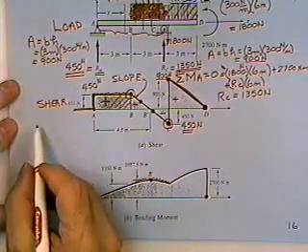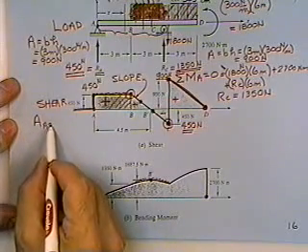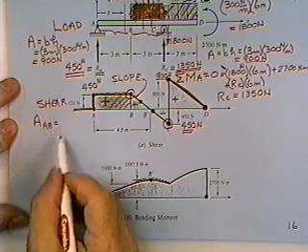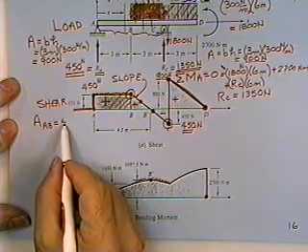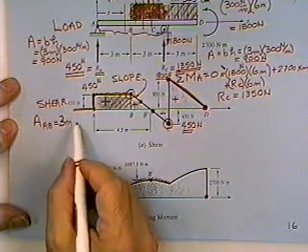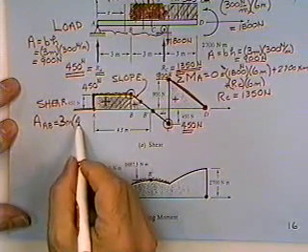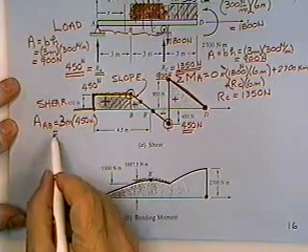Alright, here we go. The area between A and B is a rectangle, so it is its base, 3 meters, times its height, 450 newtons.